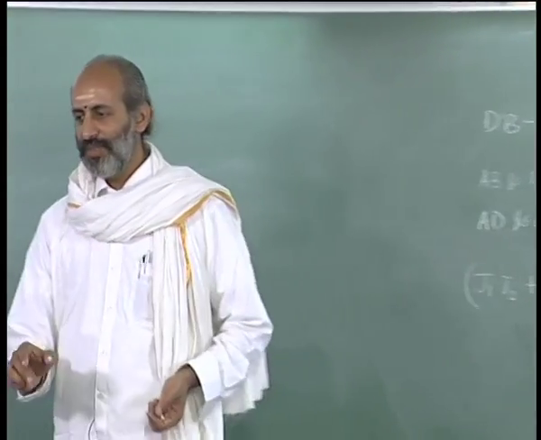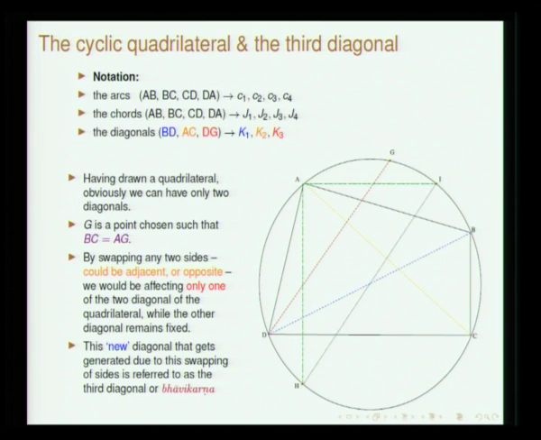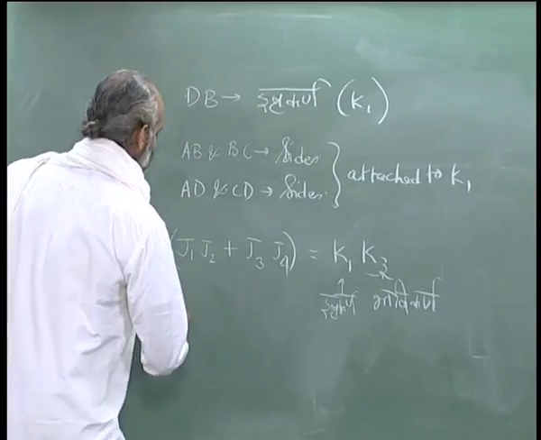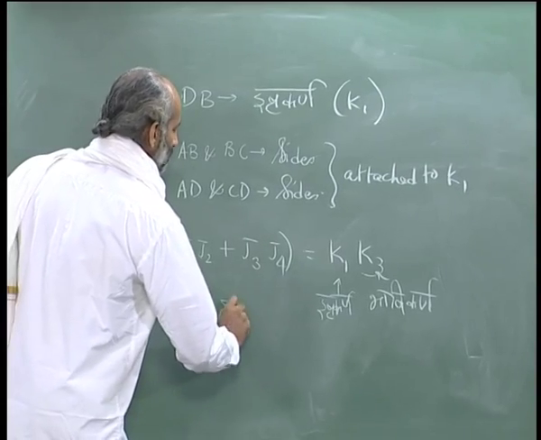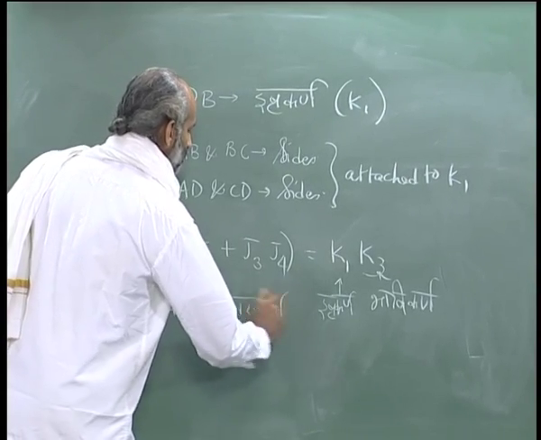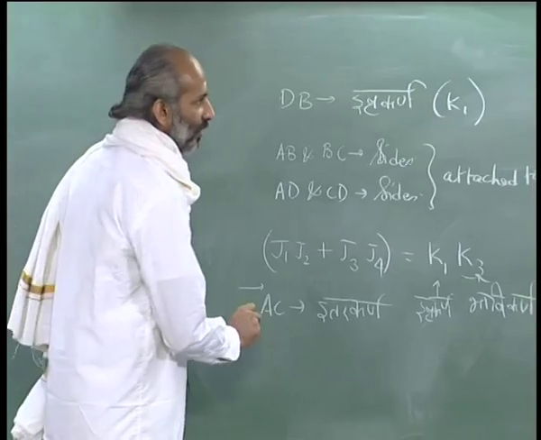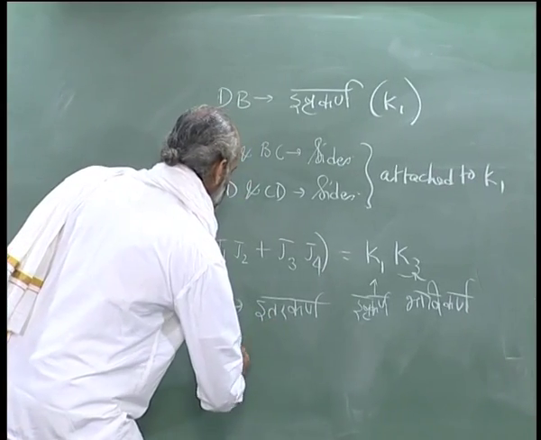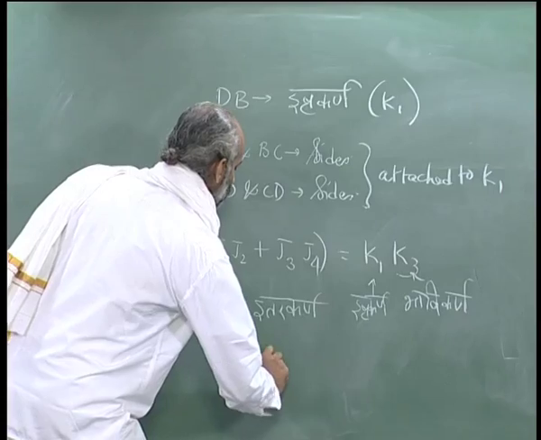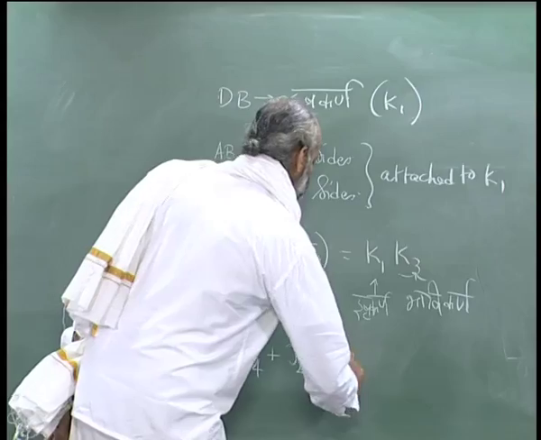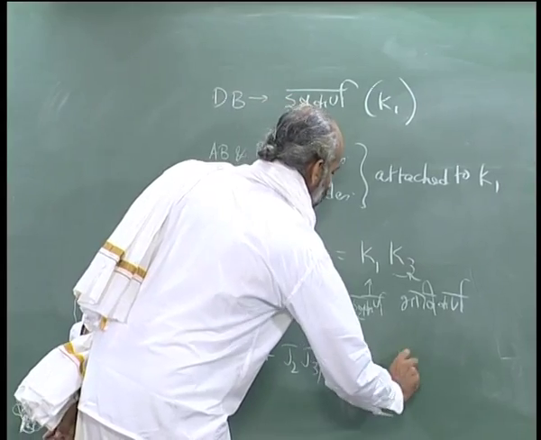If you look at this diagram, itarakarna is AC. There the product is J1 J4 plus J2 J3, and this will be equal to K2 into K3.